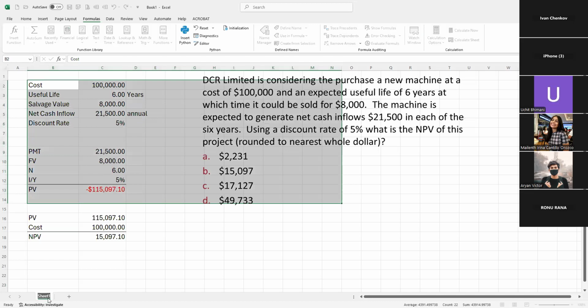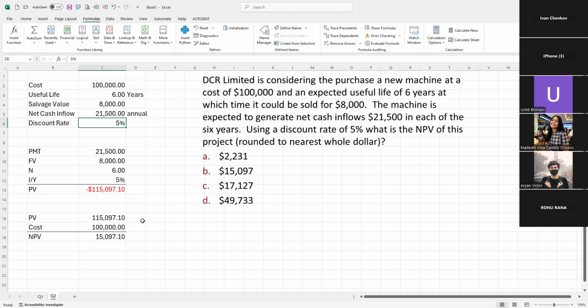Let's say question 1, this one. What's going to happen if we decide to change the discount rate? If our discount rate is not 5% anymore, let's say the discount rate is 7%, what's going to happen?